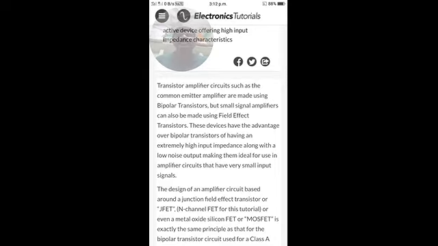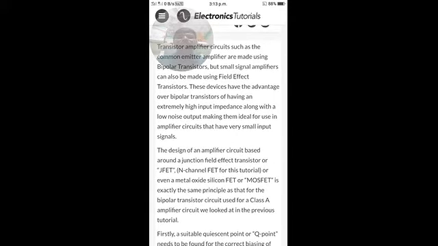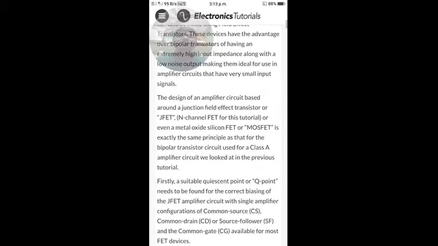The design of an amplifier circuit based around the junction field effect transistor, JFET, follows the same principle as for the bipolar transistor circuit. In the CE configuration, first the operating point needs to be found for the correct biasing of the JFET amplifier, the quiescent point.